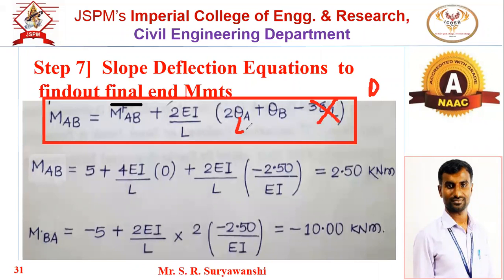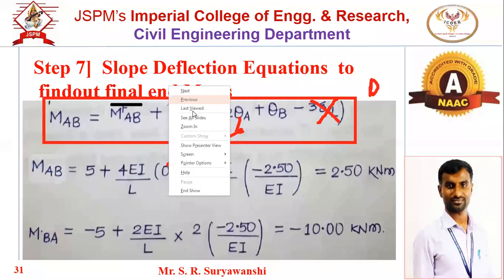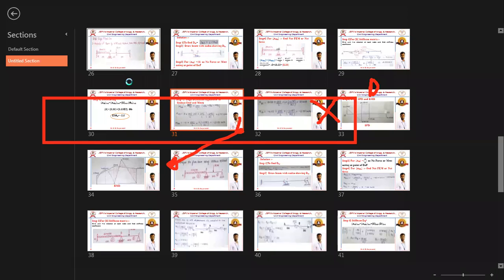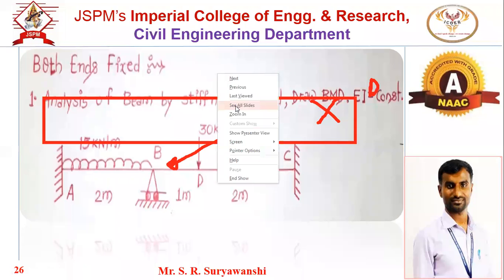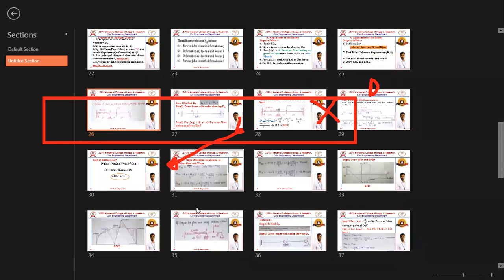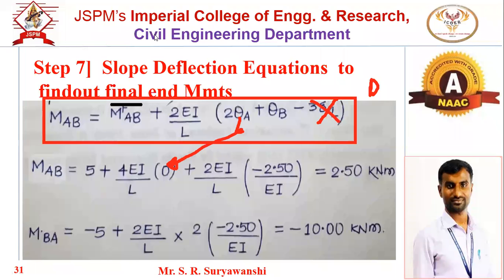Now theta A will be 0. What is the reason? This is our beam. Fixed end, correct. Because our support A is a fixed one, and at a fixed support the slope is 0. So that's why theta A is 0.